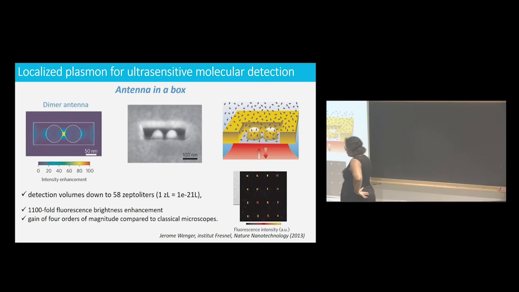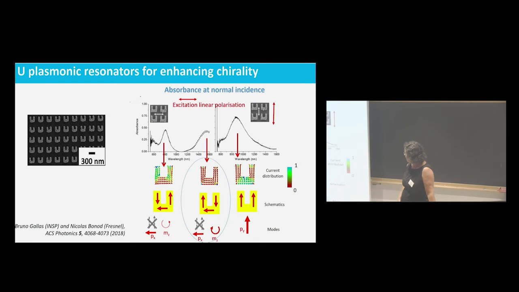So when you do this, you can improve the detection, in comparison to what can be done with a normal microscope on a glass slide, by 4 orders of magnitude, and you can detect very small volumes of molecules. So I hope I have convinced you that you can use plasmons and nanostructures in order to create sensors.